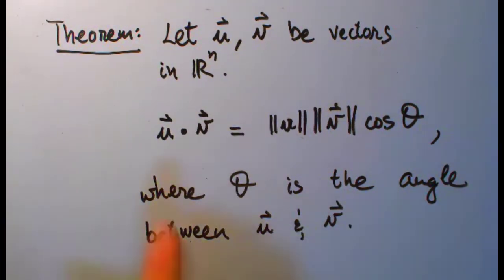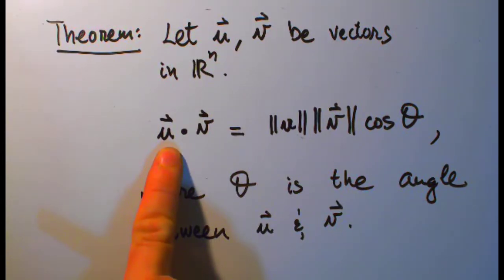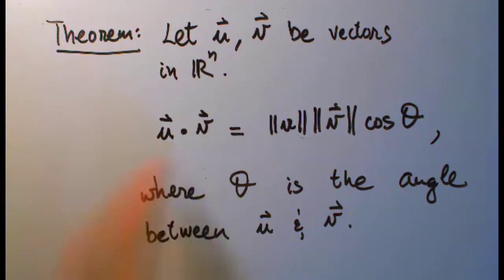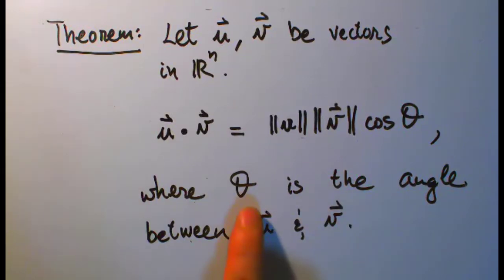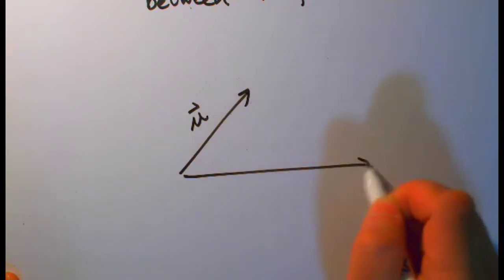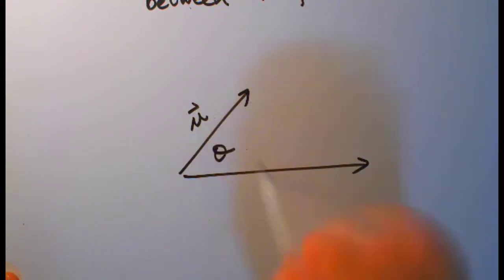So the statement of the theorem is here, the most important statement in the theorem. And here is just a clarification of where that theta came from. In any space, you have a vector u, you have a vector v. They will make an angle between them, and that's what theta is for.